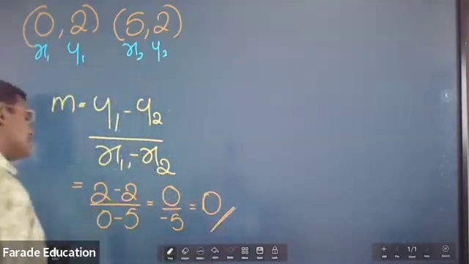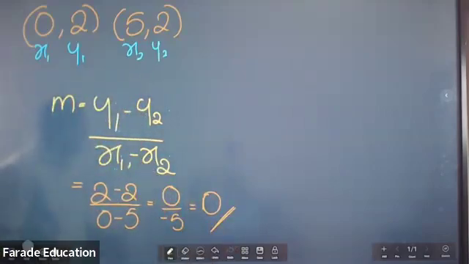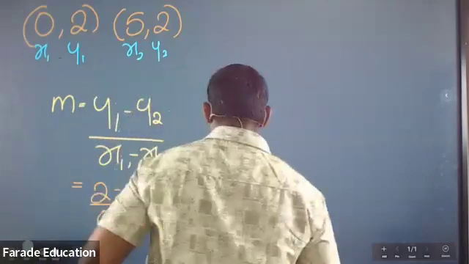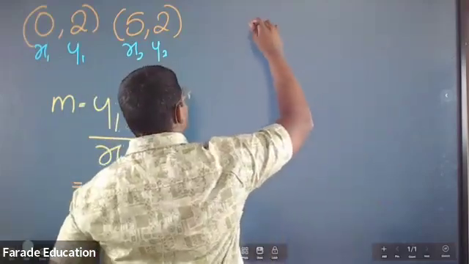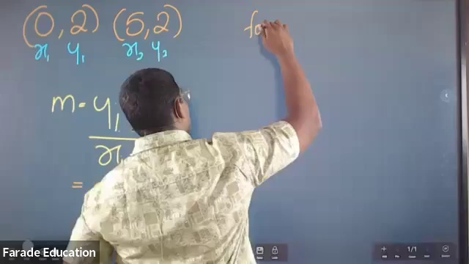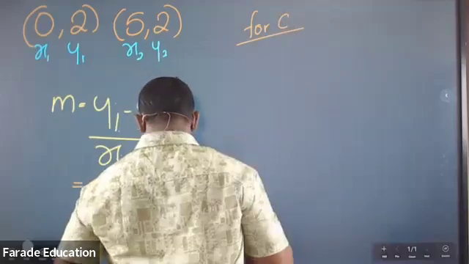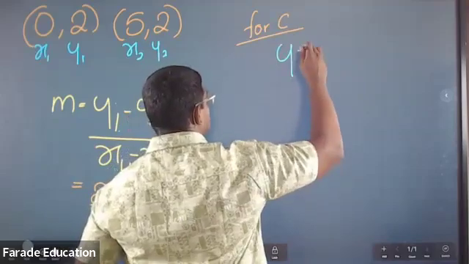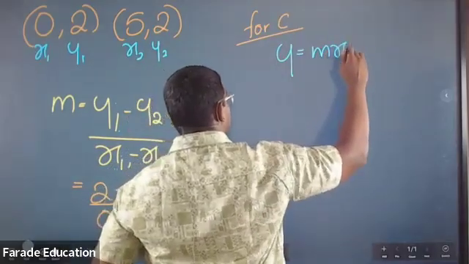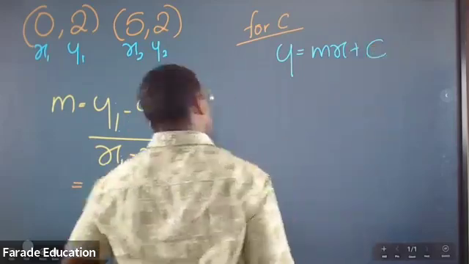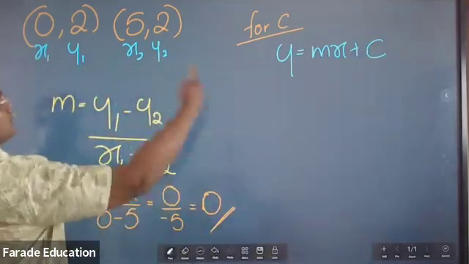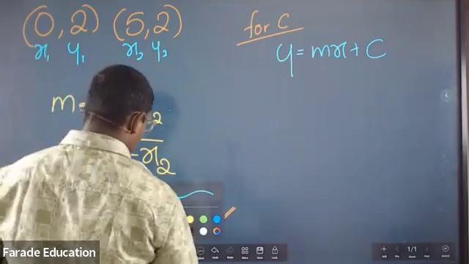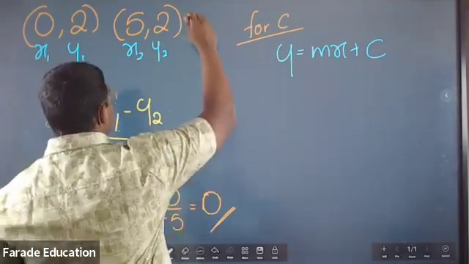If the gradient is 0, that means what? It is going to be parallel to one of the axes. Okay. Next one, to find the intercept. What do we do? I will substitute in one of the equations, y equals mx plus c. Before going for that, I need to choose a point. Which am I going to use? I am going to take this.